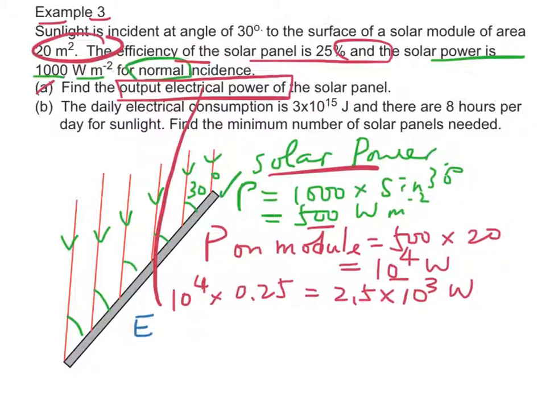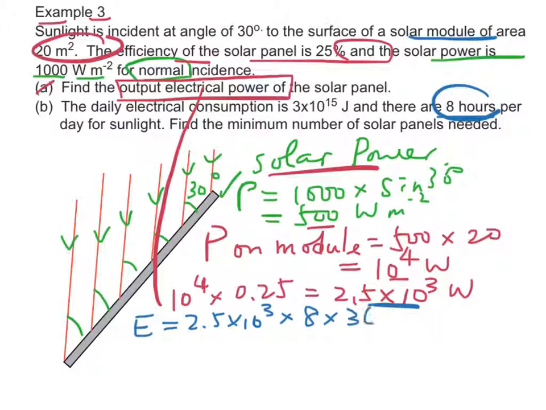The electrical energy produced by one module in 8 hours is equal to 2.5 times 10 to the power 3 times 8 times 3600 seconds, which is equal to 7.2 times 10 to the power 7 joules.